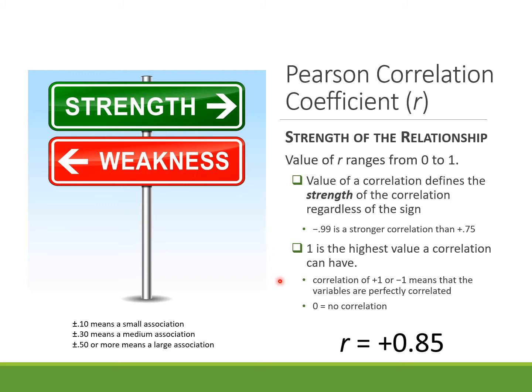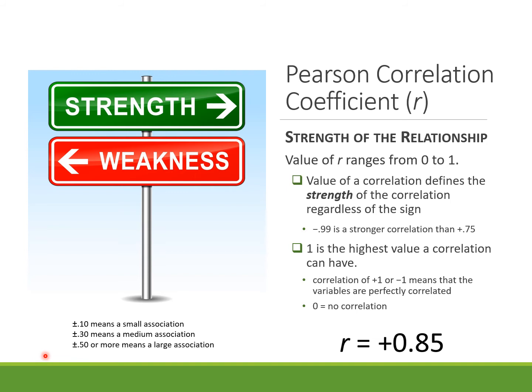Correlations of +1 or -1 mean that the variables are perfectly correlated, and a correlation of 0 means that they are not correlated at all. Generally speaking, we've gotten a range from our book that tells us that plus or minus 0.1 is a small association, 0.3 is a medium association, and it looks like 0.5 is a large association.